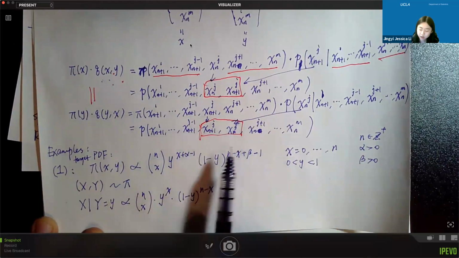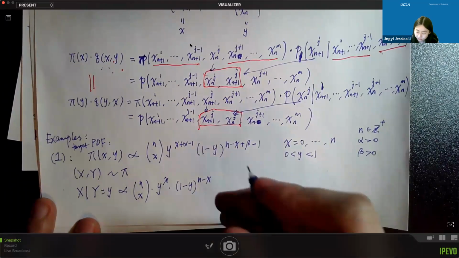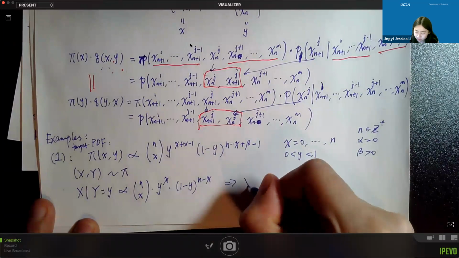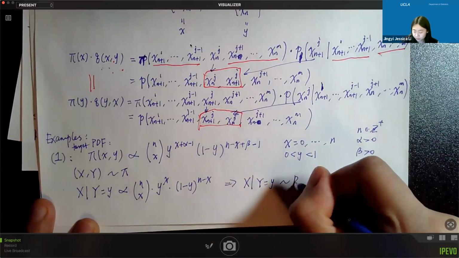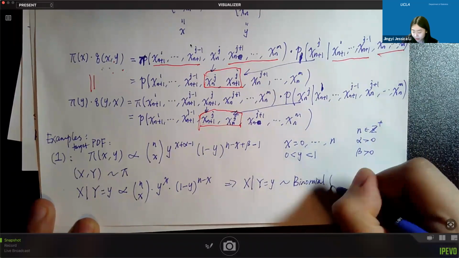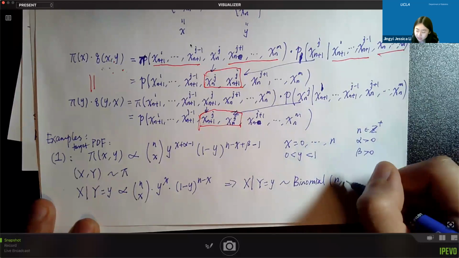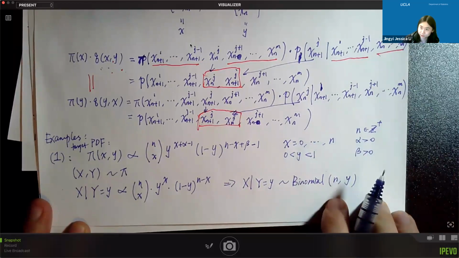Other terms are constants. This tells me that x given y equals y follows a binomial with total n and probability y. So I can draw my x using this distribution.